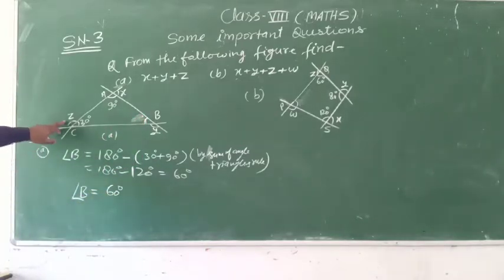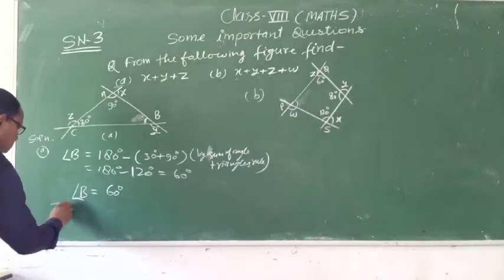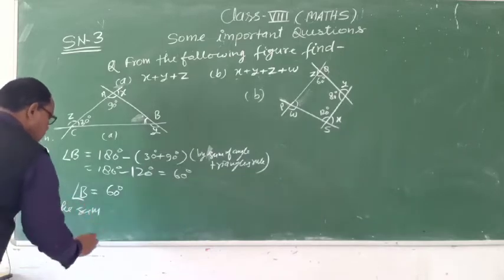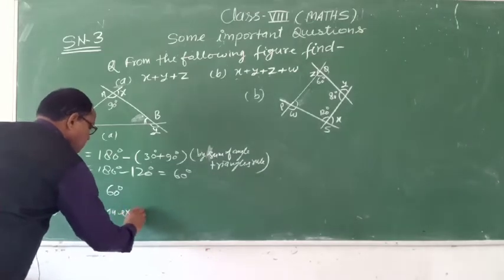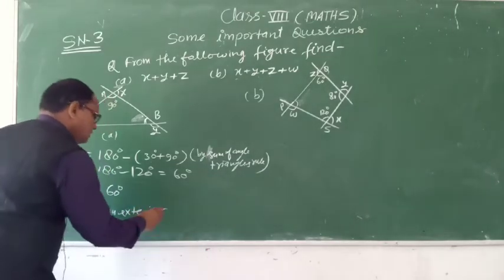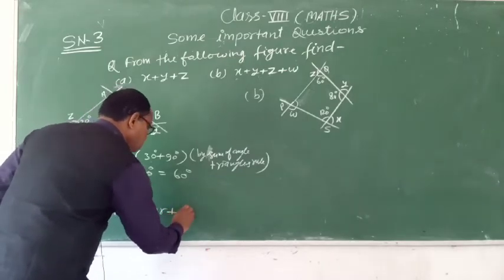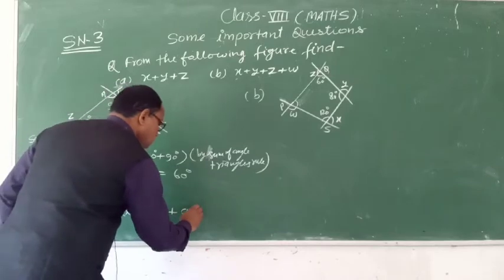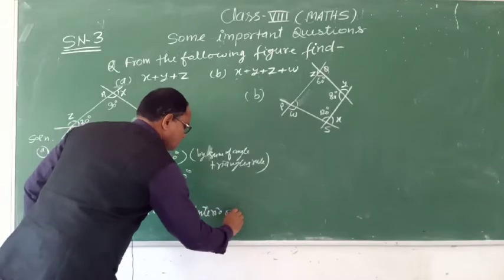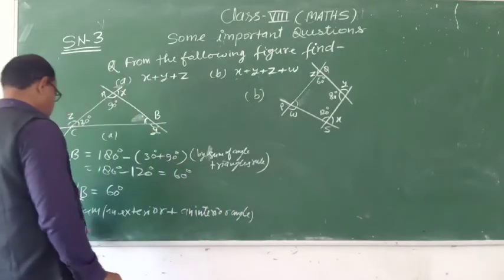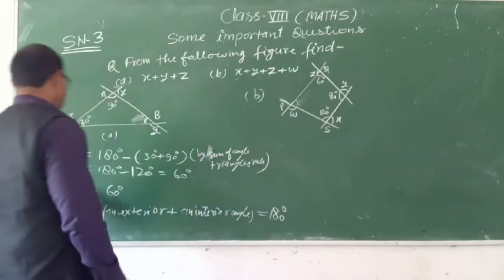Okay, and the sum of an exterior and interior angle is equal to 180 degrees. Okay students?